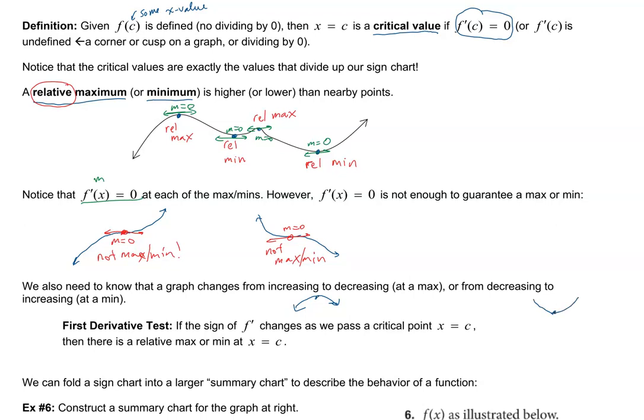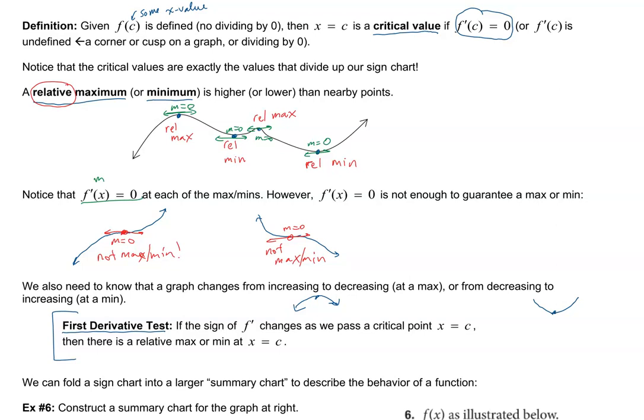So you need 2 pieces of information, the derivative 0, but also that change of slope. Okay, and that exactly is called the first derivative test because slope is first derivative stuff. So if the sign of the derivative changes as we pass a critical point, x equals c, then for sure there is a relative max or a min at x equals c. So that's the first derivative test.